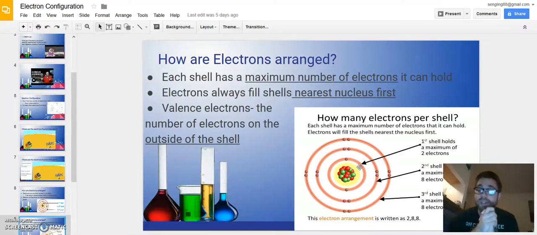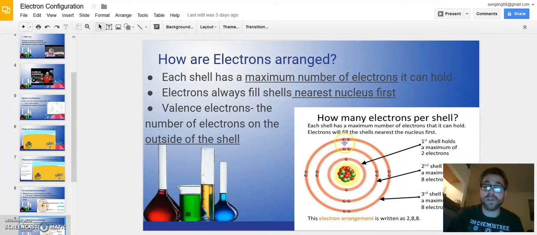All right. Another important topic when it comes to electrons that we've been talking about is valence electrons. Those are the electrons on the outside of the shell. What I mean by that is any electrons that are on the outside shell, like here, this is the outside shell.